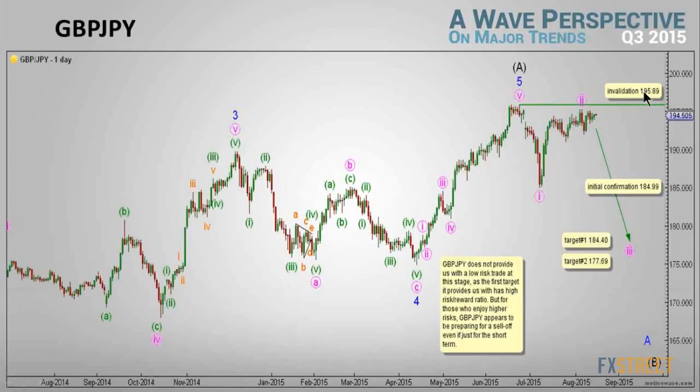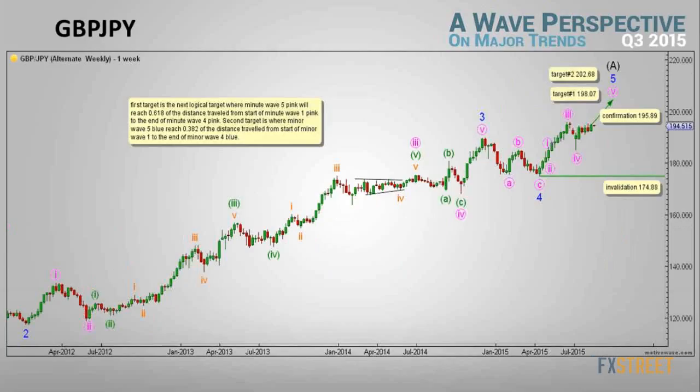This count would be invalidated by movement above 195.989, as wave 2 pink may not retrace more than 100% the length of wave 1 pink. If that invalidation point was reached, then we will automatically move to the alternate weekly count, which expects that a 5-wave structure might be incomplete, and that wave 5 blue has more to offer toward the upside.